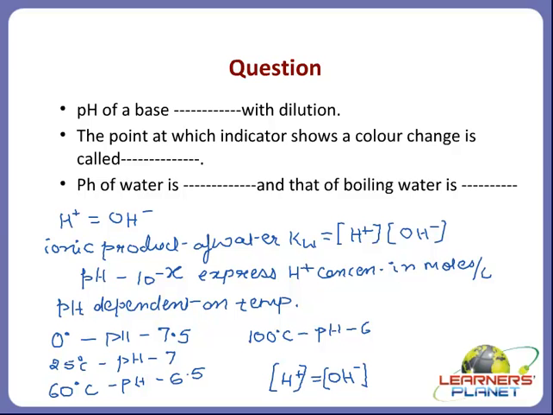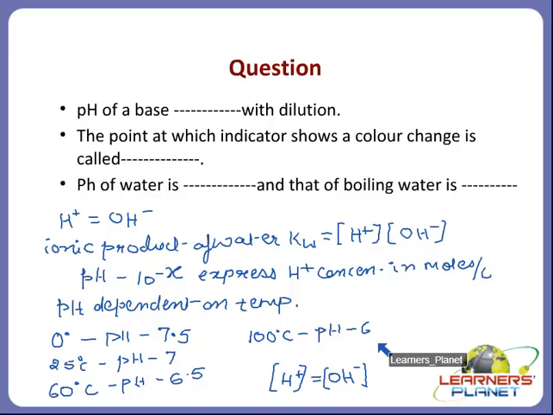If the hydrogen ion concentration is less than hydroxyl ion concentration, what will be the substance, children? It would be basic. Whereas if hydroxyl ion concentration is less than hydrogen ion concentration, it would be acidic. If hydroxyl ion concentration is more than hydrogen ion, then it would be basic, right?